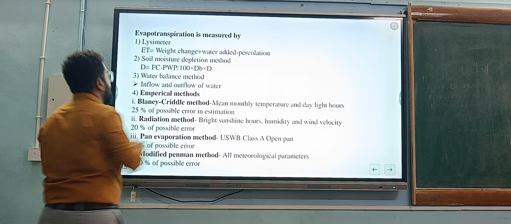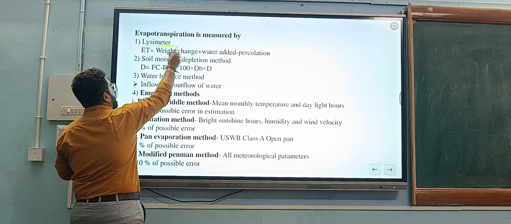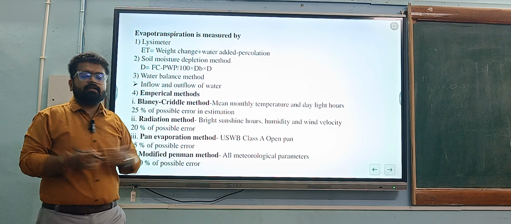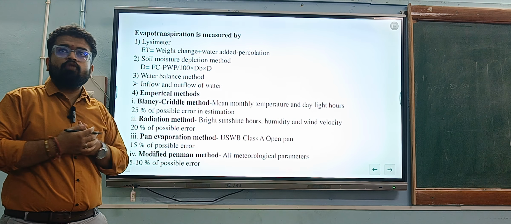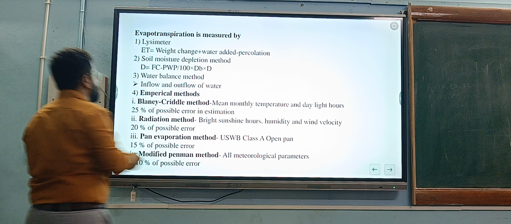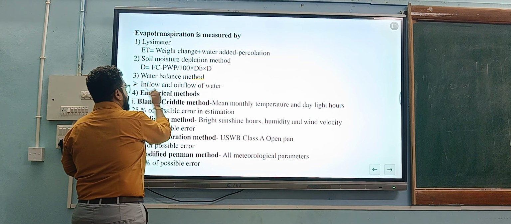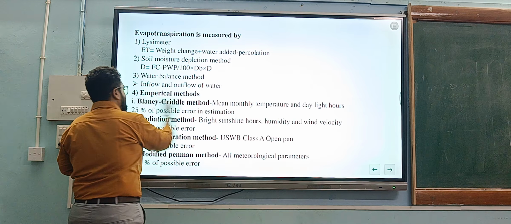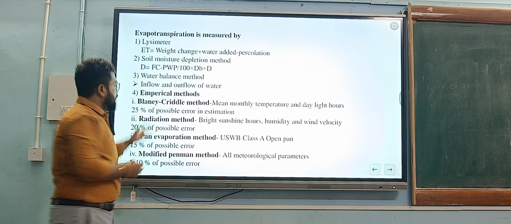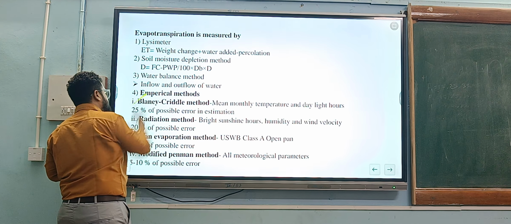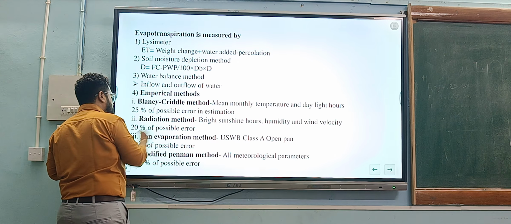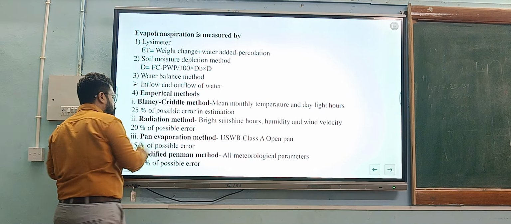Evapotranspiration can be measured either by a lysimeter, a device that depicts the field condition and measures the water losses from a larger field, or by the water balance approach, inflow and outflow of water, or empirical methods. In empirical methods, we have the Blaney-Criddle method, radiation method, pan evaporation method, and modified Penman method.